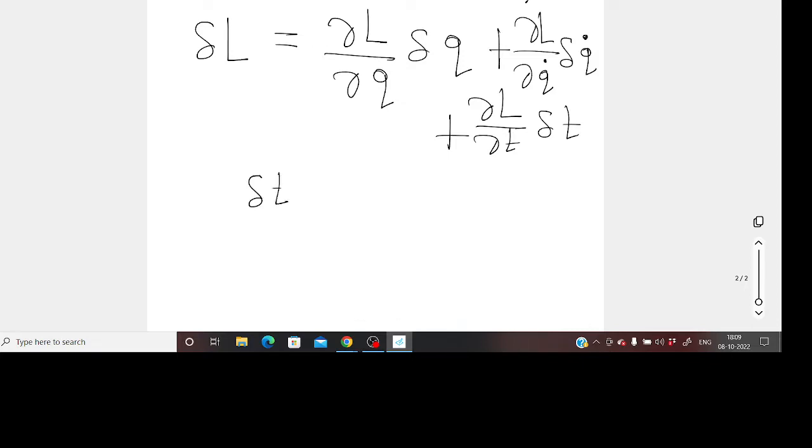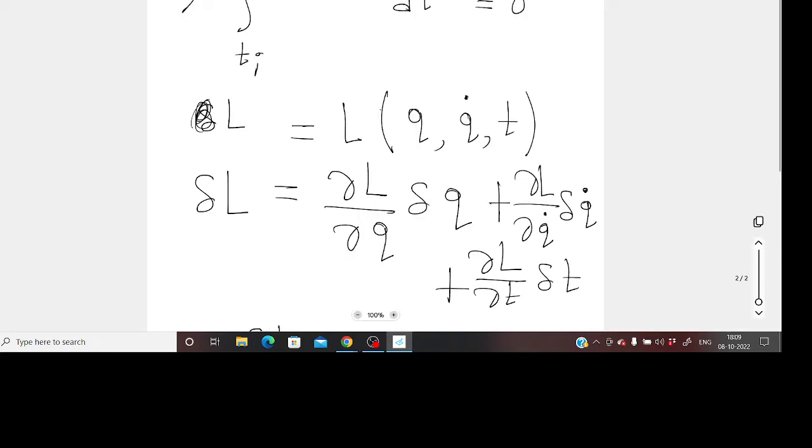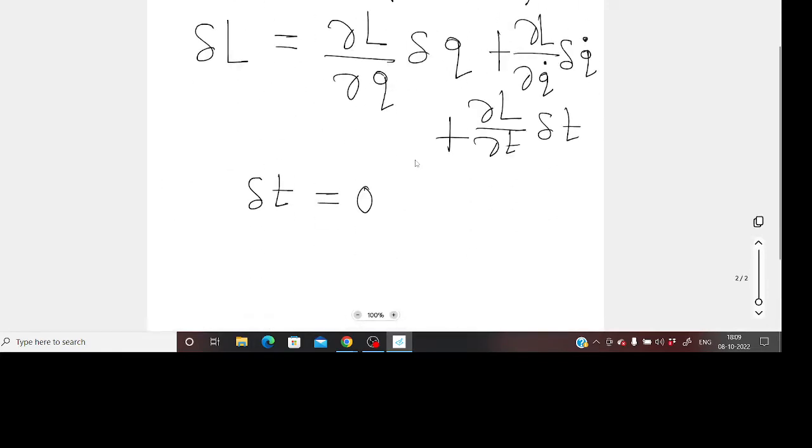Now we'll assume that delta t is equal to 0. Why can we assume that? Because for all the paths you have seen, the time taken for going from the first point to the last point is equal, right? So this delta t is 0.